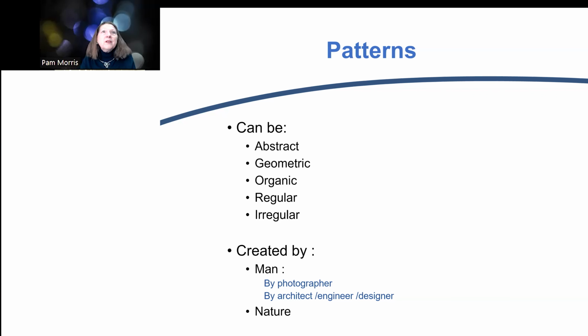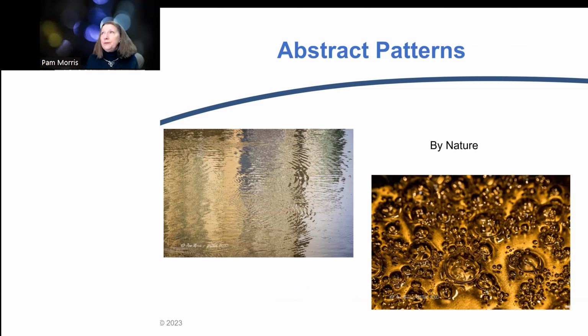But as photographers, we can also create patterns as well, just by putting our own technical knowledge in, either whilst we're taking the photograph or when we're editing the photograph. So we'll have a look at all sorts of different ways that we can actually incorporate patterns within our images.